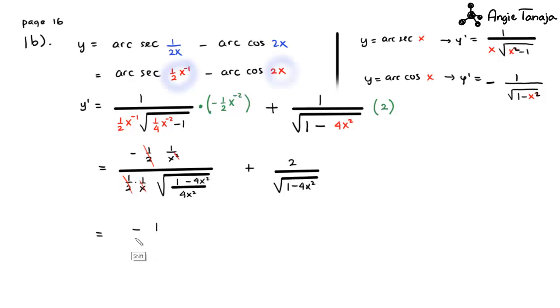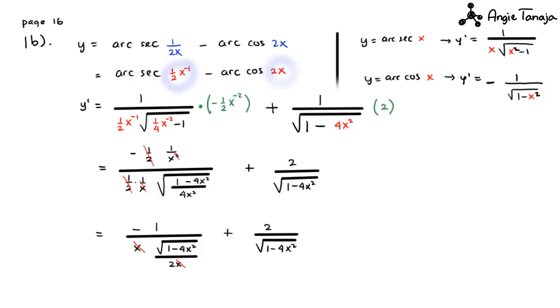1 over, I move the x to the bottom, and this will be roots 1 minus 4x squared, and this one will be just 2x, right, because of the square root, and I can cancel the x again, plus 2 over 1 minus 4x squared.